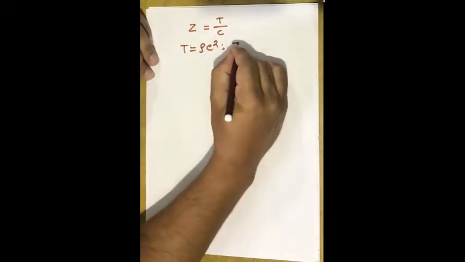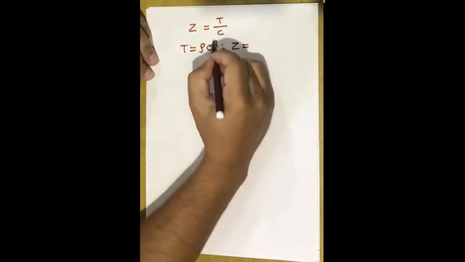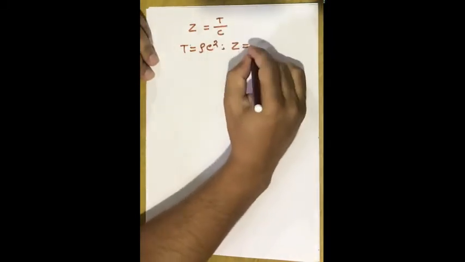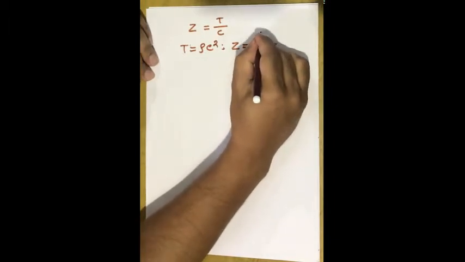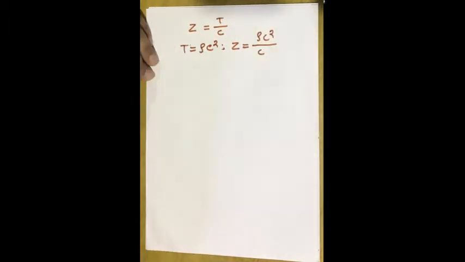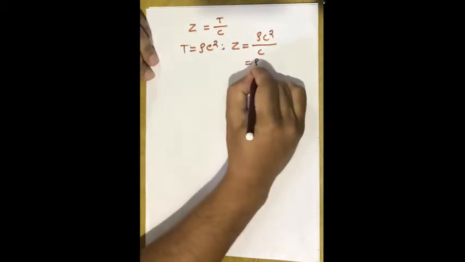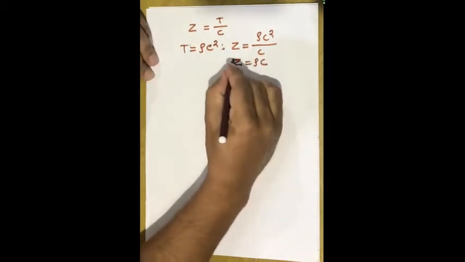So we replace the value of T with rho C square, so Z is equal to rho C square by C, and we obtain Z is equal to rho into C.